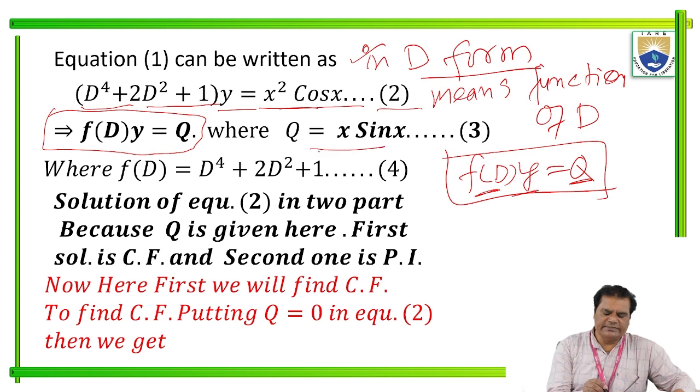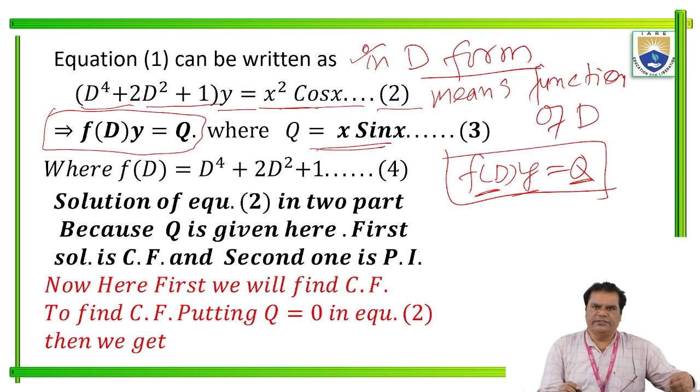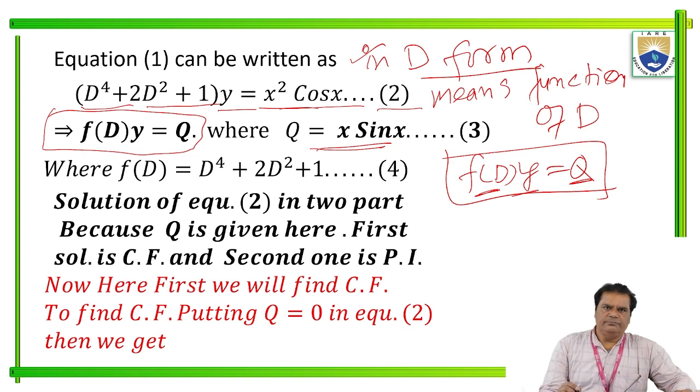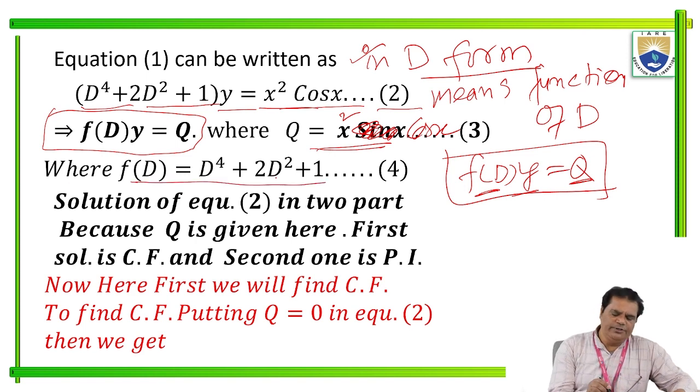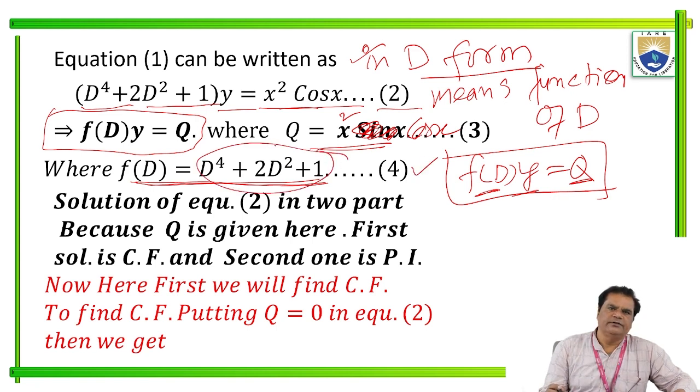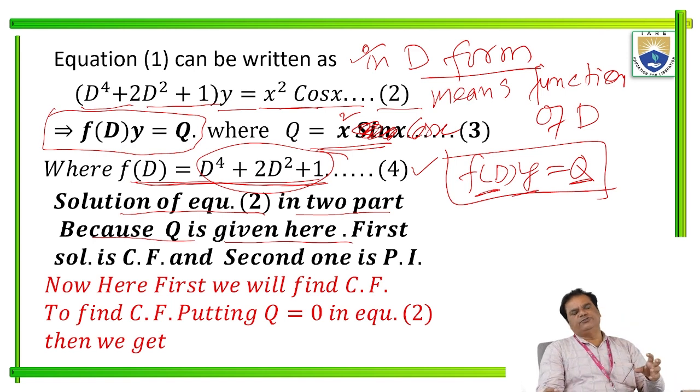Here Q is given in our question as x square and cos x, not x sin x as in the first problem. So F(D) is the D form function. For the solution of equation 2, since Q is given, we find the solution in two parts. First part is the complementary function, second part is the particular integral.